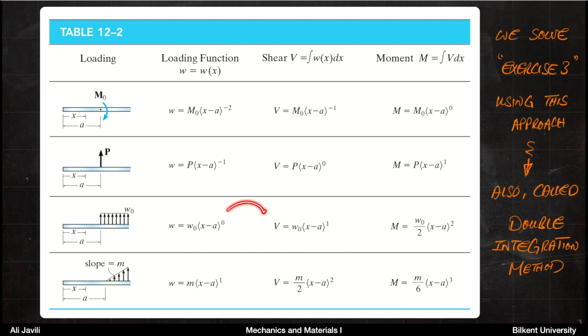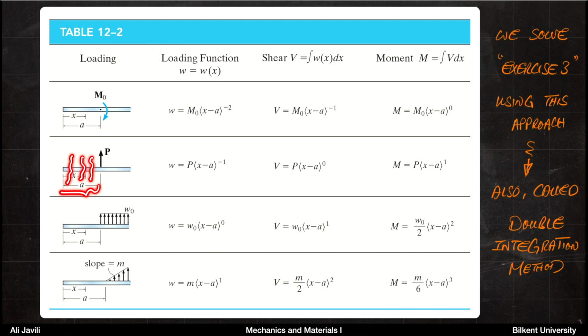And then again, if you integrate that, you get the shear force. If you integrate that, you get the moment distribution. Okay, so the last two rows, now we know how to handle them. Now, if you look at this one, assuming that you have exactly this picture, the shear force here would be 0.